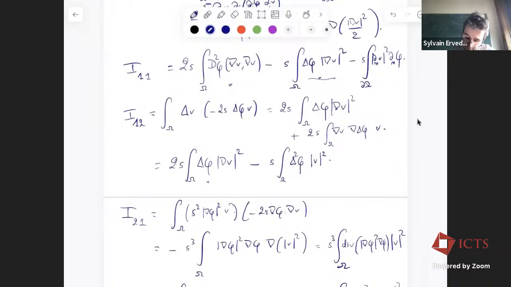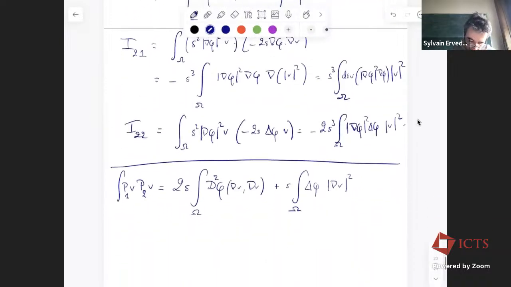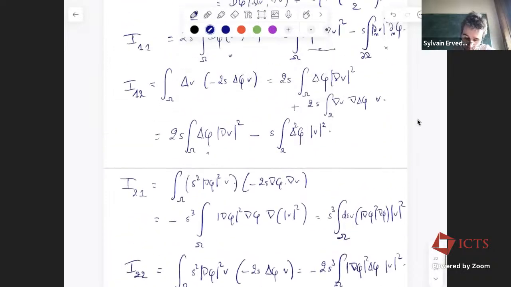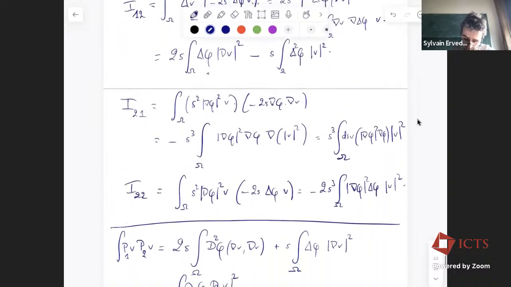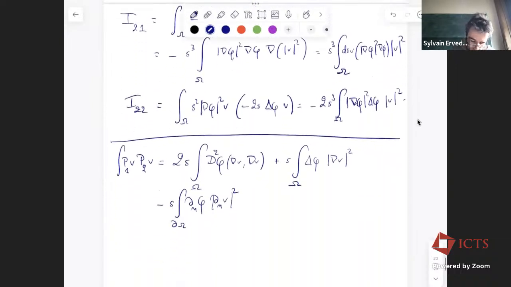Then you have a term coming from the boundary. You have only one, okay, which is minus s dn phi dnV squared. Okay, so this one has been put. And then what remains is the term in V squared.